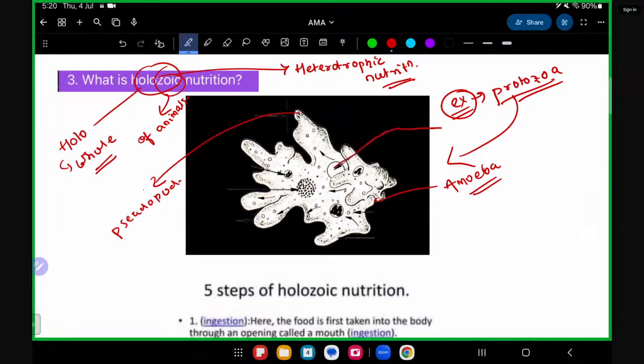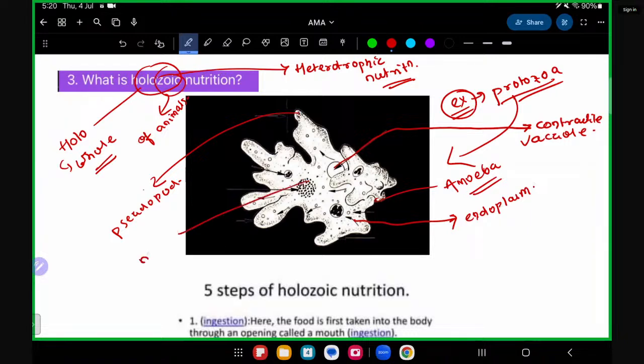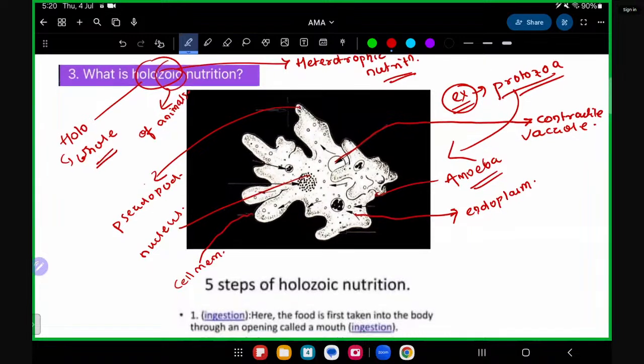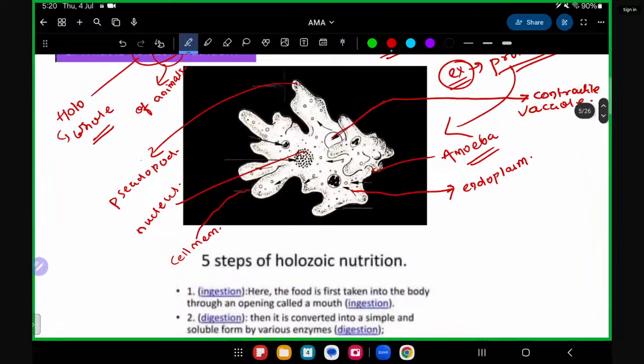This one is the contractile vacuole. Then this is the endoplasm. Next, this is the nucleus. And this is the cell membrane. Protozoa, that is amoeba, shows holozoic nutrition.